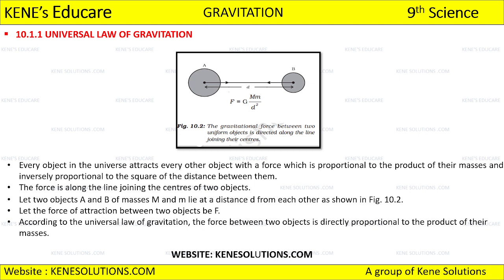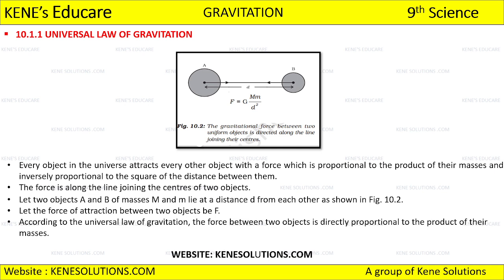According to the universal law of gravitation, the force between two objects is directly proportional to the product of their masses. The mass of object A is capital M and the mass of object B is small m, so the product of masses becomes M and m, and the distance between object A and object B we represent with d.